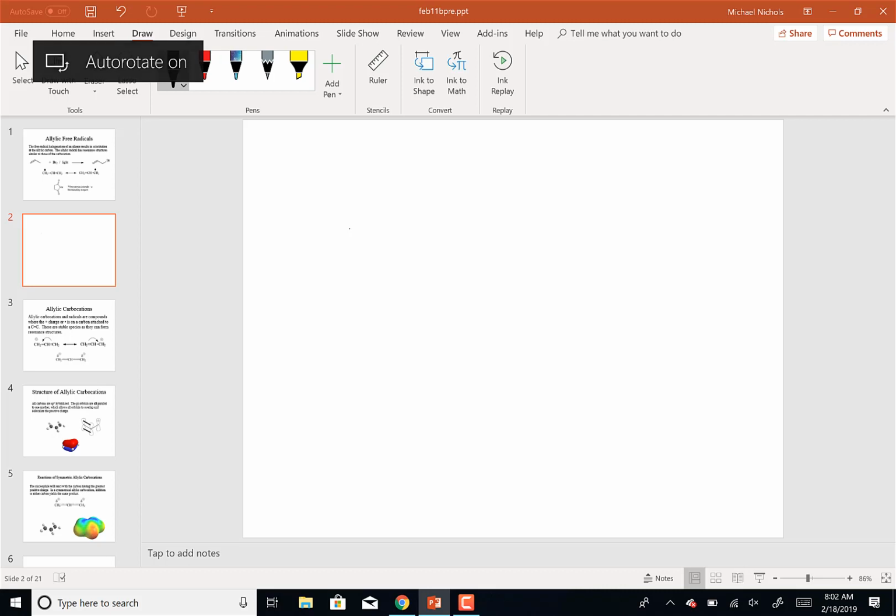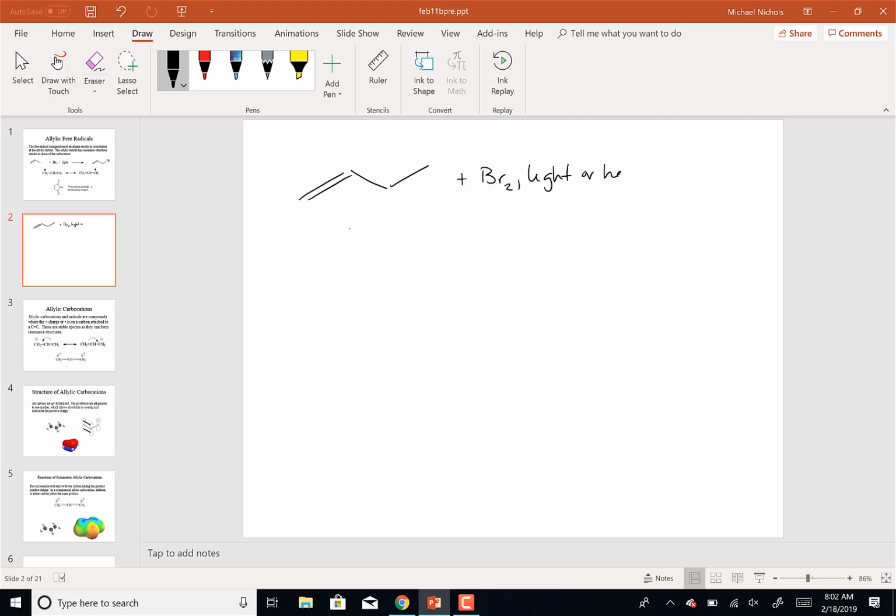So if you have an allylic system and you're going to do bromination with light or with heat, what we would say is that the special position here, this most selective position, is going to be the allylic position. So that's where the bromine's going to go.